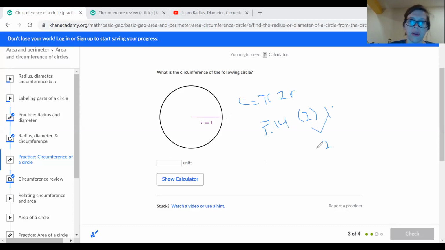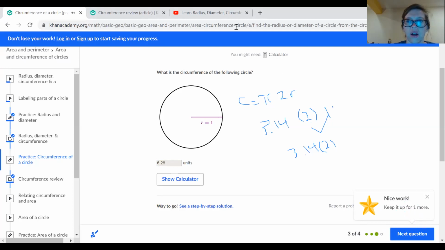And then you're just multiplying 2 times 3.14, which should give you, I believe, 6.28 units. All right, that was correct.